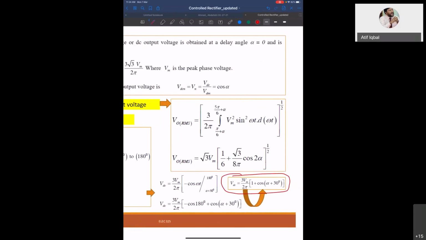I don't remember, probably this is 3 VLM by 2 pi, 1 plus cos alpha. This is what I think. I don't think this is 30 degree. I have to check if it is 30 there or not.